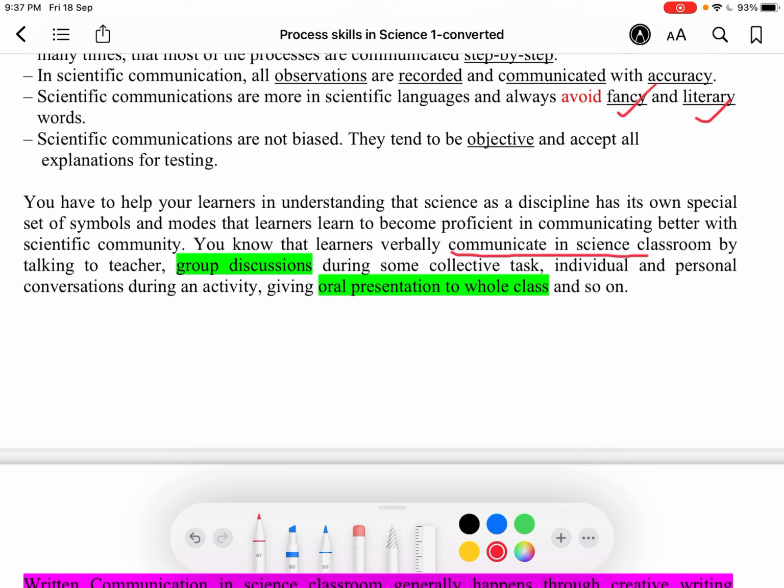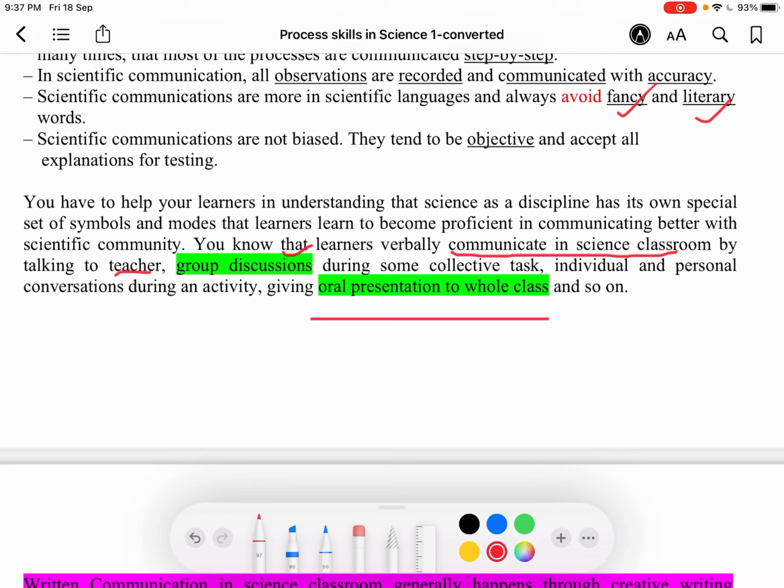They can verbally communicate in the science classroom, and they can also share their opinions or findings with the teacher. The teacher can organize a group discussion, or a collective task, or an individual task can be given. Then in the whole class, an oral presentation can also be given.